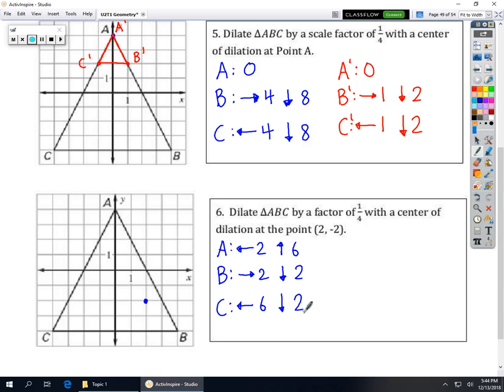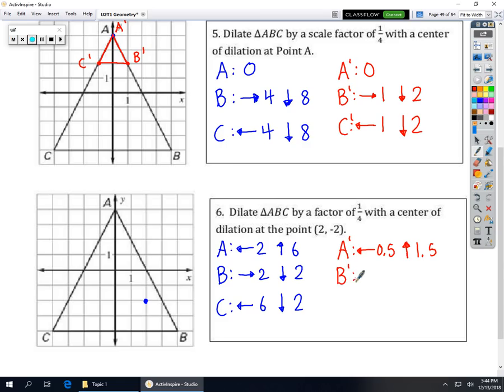Take all of these directions, divide all of these by 4. Unfortunately, we're going to get some decimals here. 2 divided by 4 is 0.5, just half. Right? Instead of up 6, it would be up 1.5. B prime, forgot that.